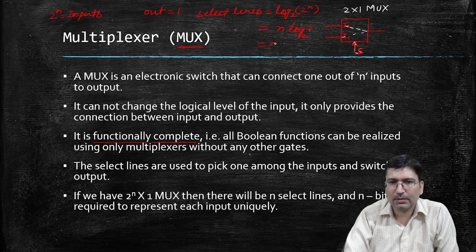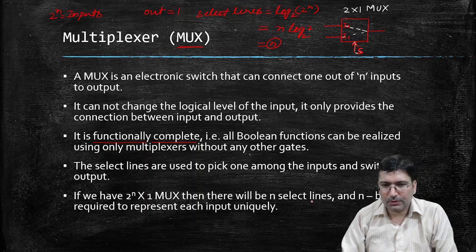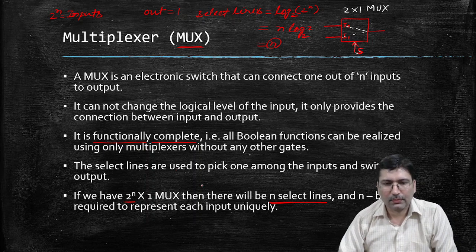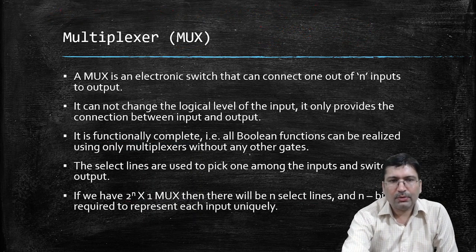That means n select lines are required for 2 to the power n inputs. Similarly, we have written n select lines here, if there are 2 to the power n inputs.